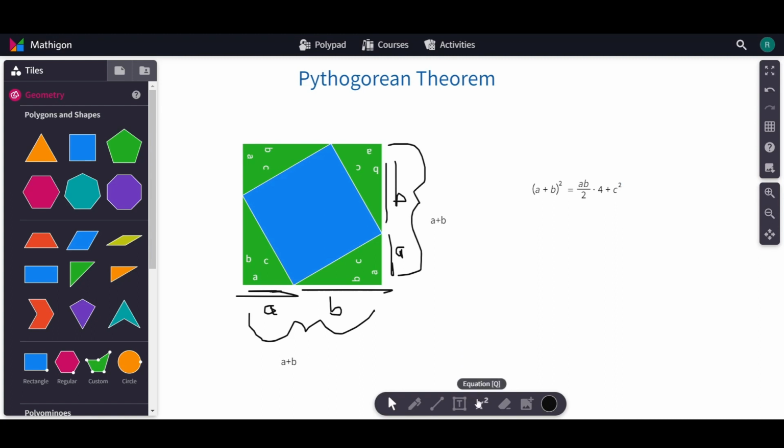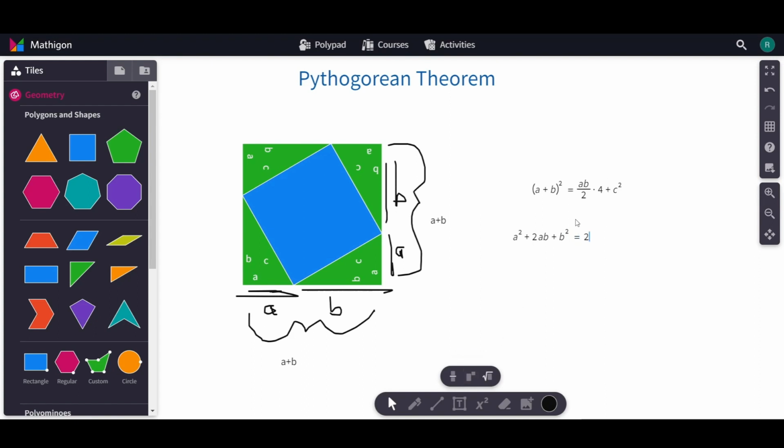Now we need to simplify this term. We know that A plus B squared is equal to A squared plus 2AB plus B squared. And on the right side, when we divide 4 by 2, we get 2.